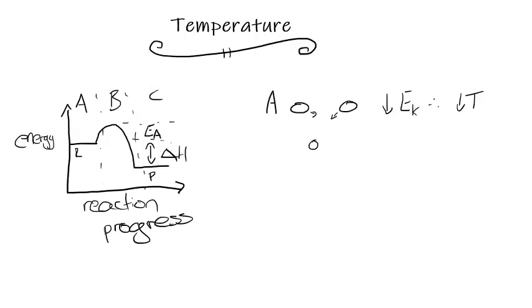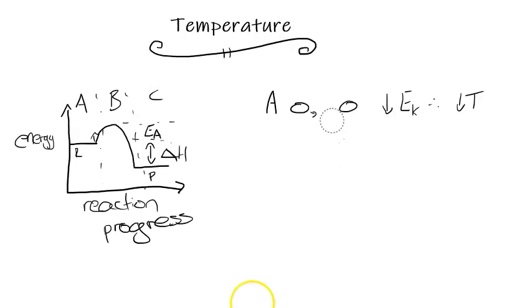They're in section A at the moment, just moving around and colliding, but they're not colliding with enough energy to overcome this activation energy. So they'll go into B, and then they'll move back into section A and just be two reactant particles again. That's because they haven't had enough energy to overcome the activation barrier.